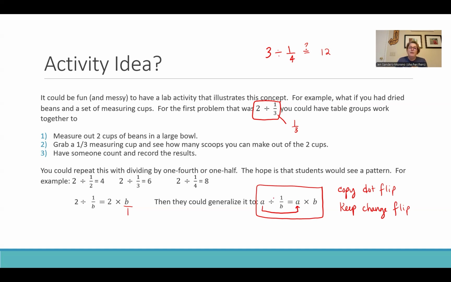So that's the keep. The change is we're going to change this division to a multiply. And then the flip is we're going to take that 1 over b and flip it upside down to b over 1. So that's keep change flip.